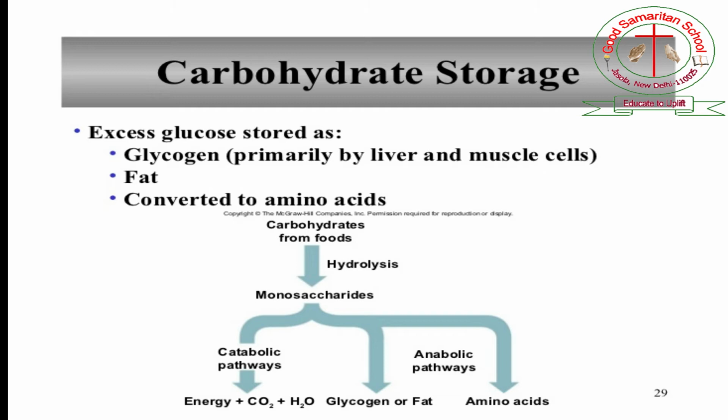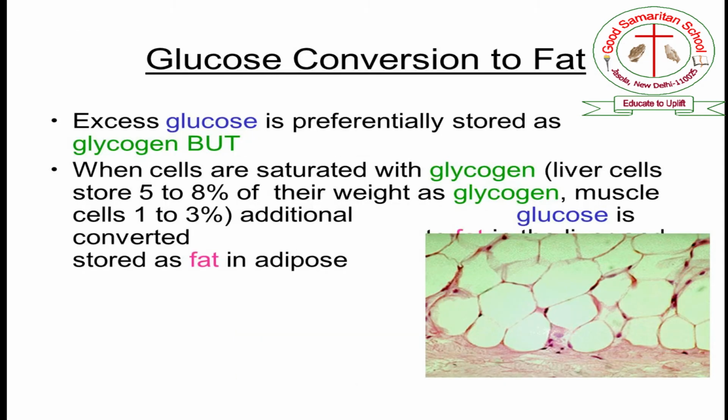Once the storage capacity of glycogen has been reached, once it is full in muscle and liver, the excess glucose is converted into fat and stored in the fatty tissue, or adipose tissue, of the body. This means even if a person is on a high carbohydrate and very low fat diet, it is still possible to have an increased body fat level if you consume more calories.